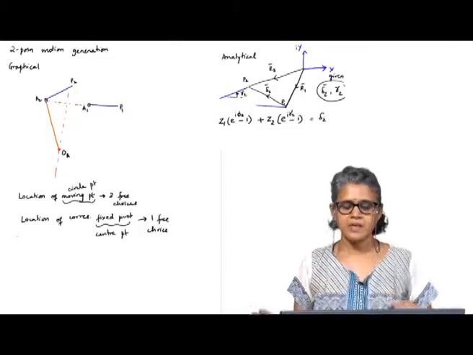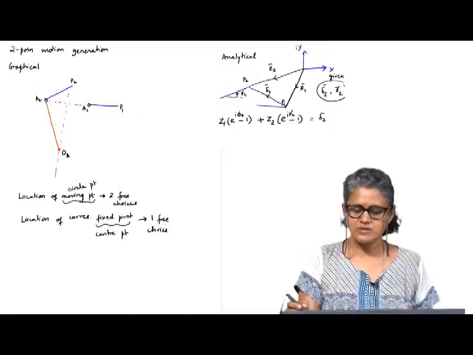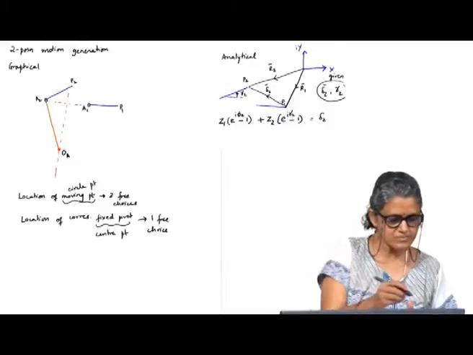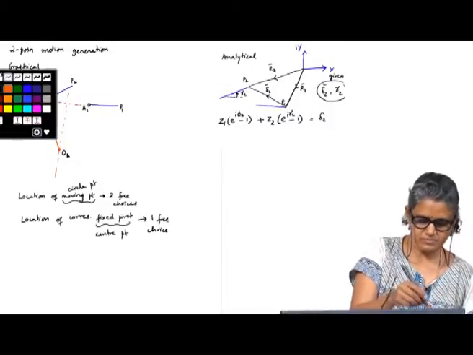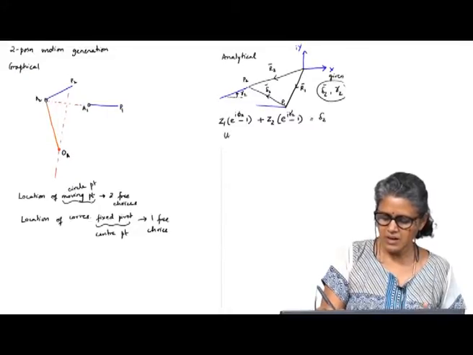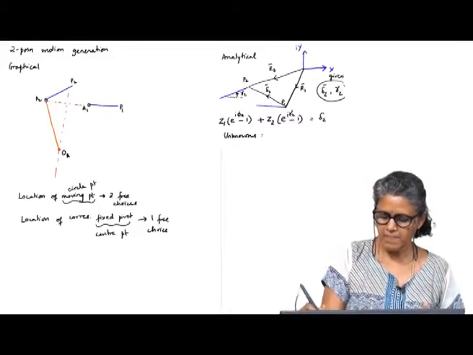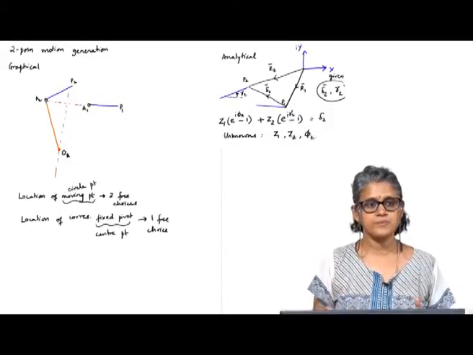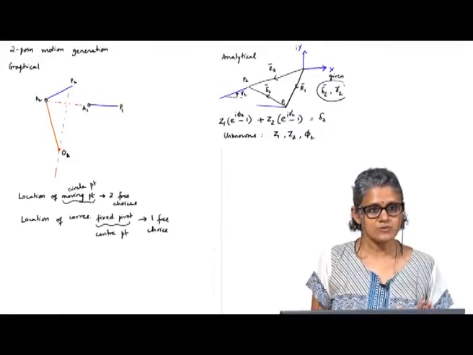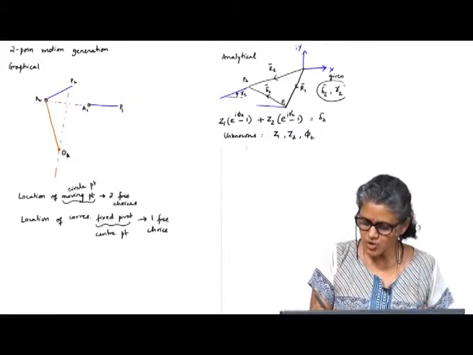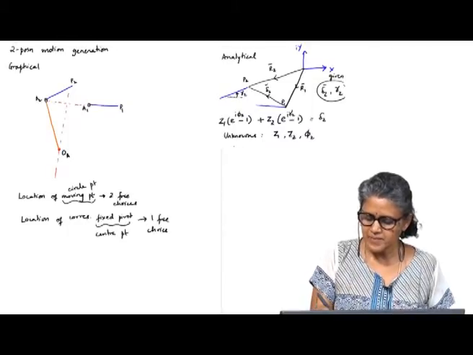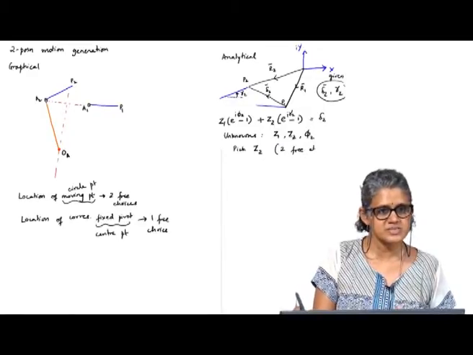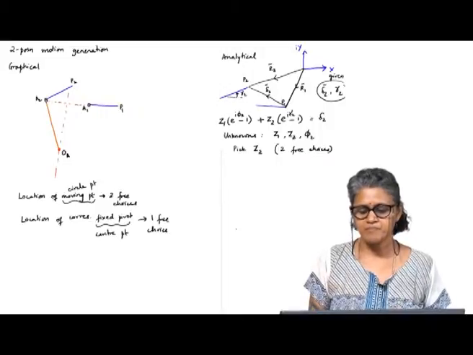We know this. In this case, essentially my unknowns are Z1, Z2, and I also do not know phi 2. Those are my unknowns. Here what I do is I pick Z2, that becomes 2 free choices, scalars.